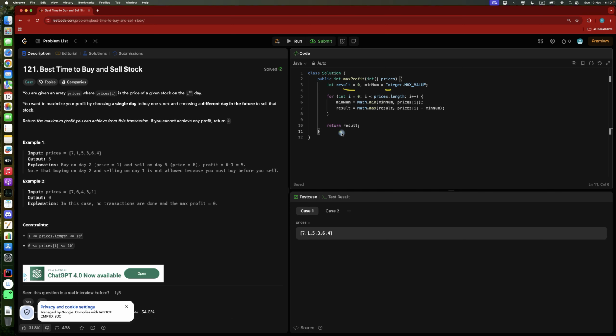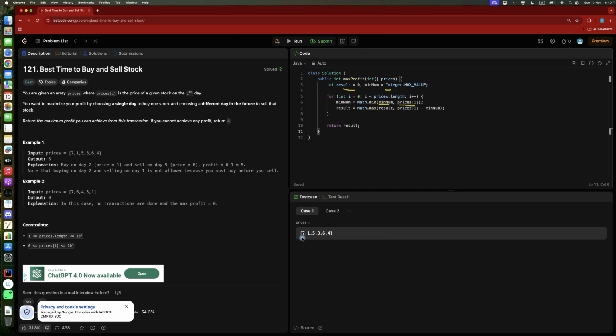Here we iterate through the array with this for loop, and we set the min number to be the minimum of the min number and the price. This means we will keep track of this minimum number we want.